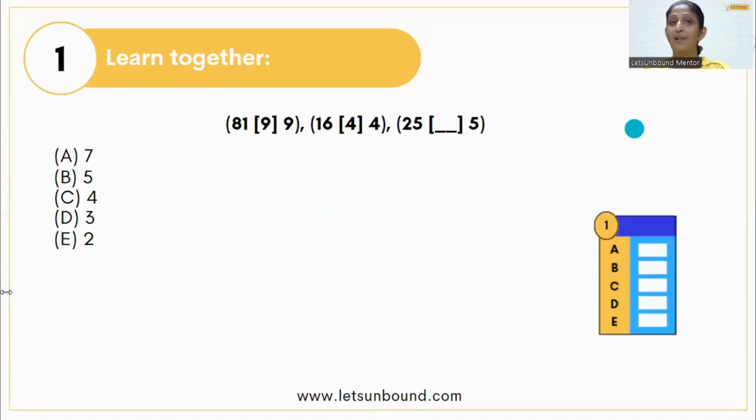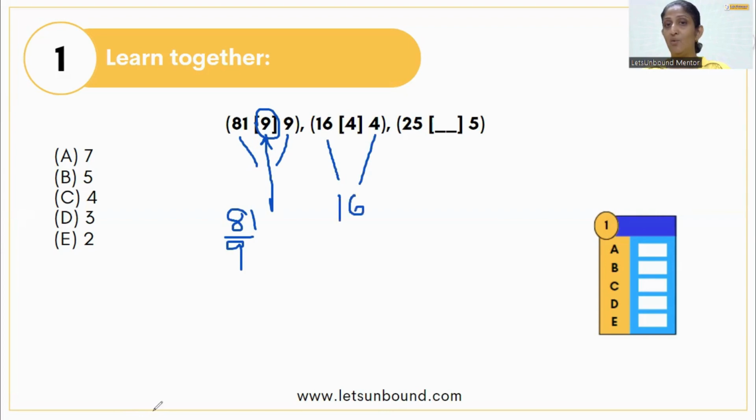So here, let us try one more example. Now, in this, we are given the numbers 81, 9, and this is the number in the bracket. So, how are we going to find? If I divide 81 with 9, I get my number 9 in this bracket. Same way, if I divide 16 with 4, I get the number in this bracket, which is 4.